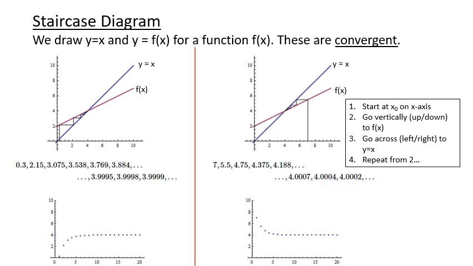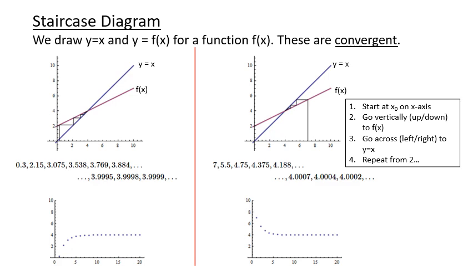So finally, let's have a look at the different types of diagrams that we need to be aware of, starting off with a staircase diagram. If we draw the graph y equals x, which is the diagonal line, and then a function y equals f of x, let's say then we were going to use that iterative idea to try to get closer and closer to the solution of a problem.